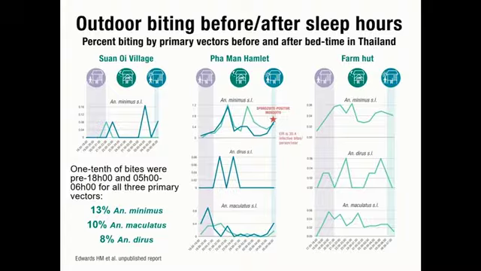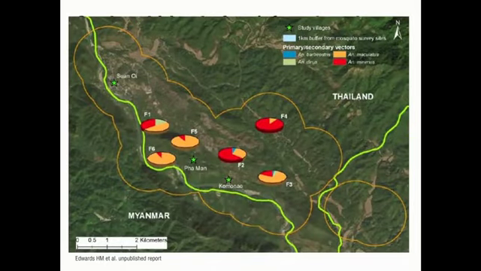Here you can see a map of where the different species were found: in the forest areas you had a lot more minimus, and in areas closer to populations you had a lot of maculatus. And here you can see the site where we found the sporozoite-infected mosquito.